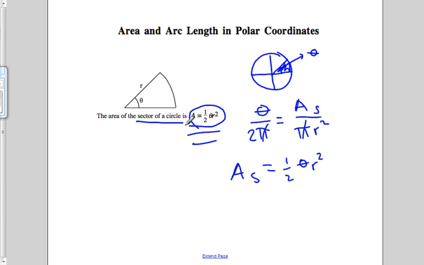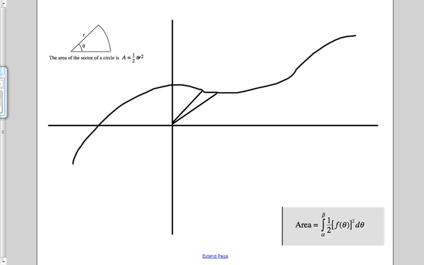Okay, so using this, let's think about how to find the area that's swept out when we're talking about polar coordinates. So here we have our function, and let's consider this area here to be an area of a sector. We're going to call that angle d theta.